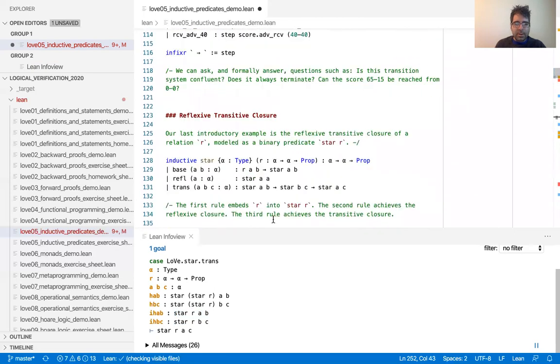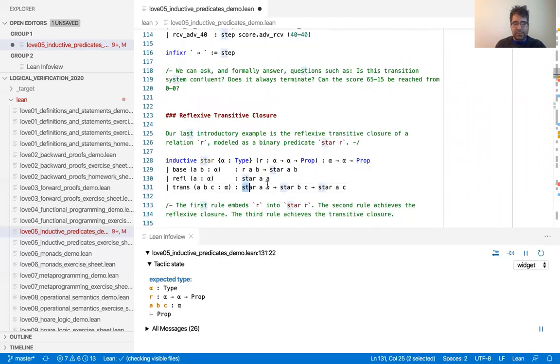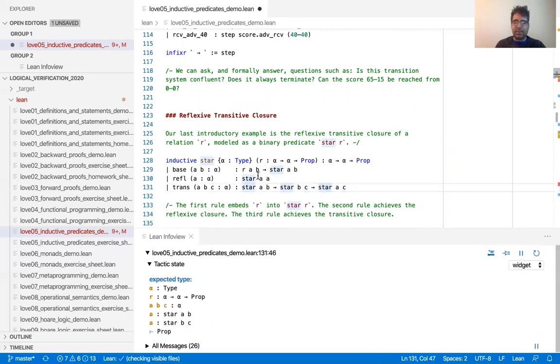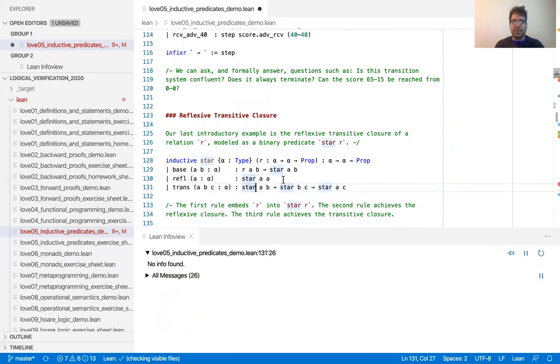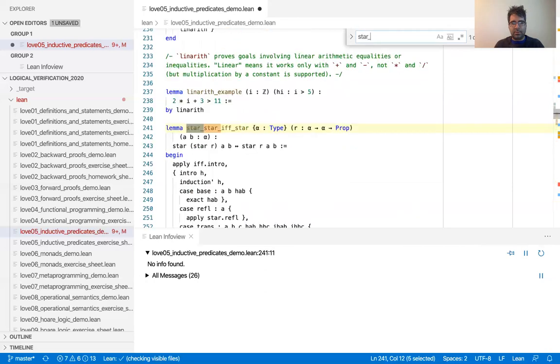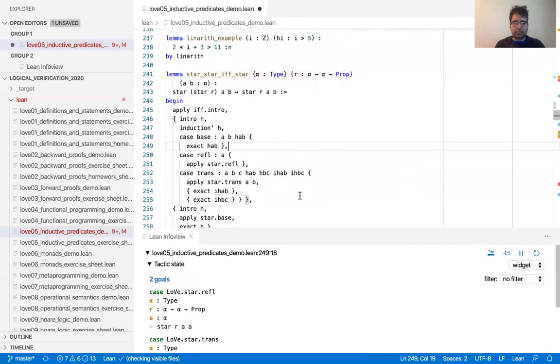Here, you see, this is recursive. You have star on the left-hand side here, and here on the right-hand side. These two were not recursive, but the third one is. So if we go back to star, there we go.